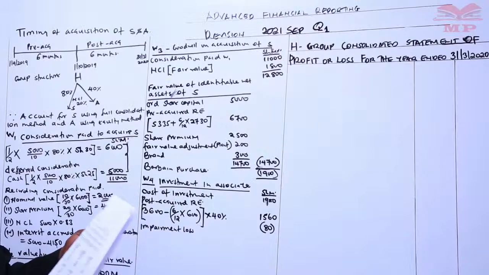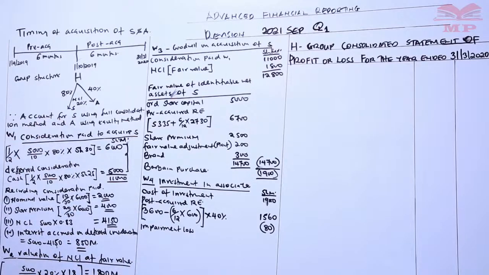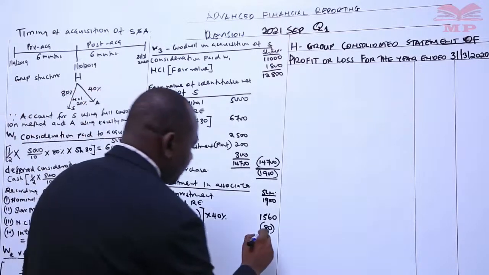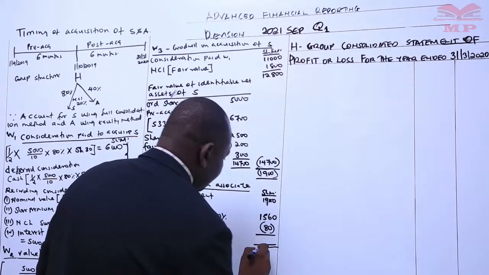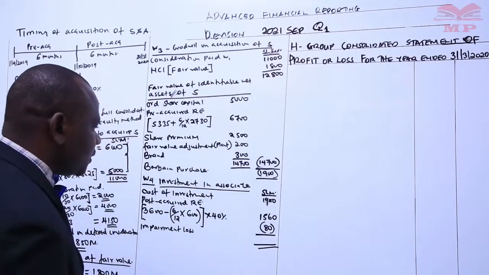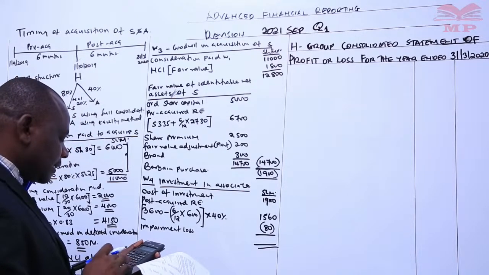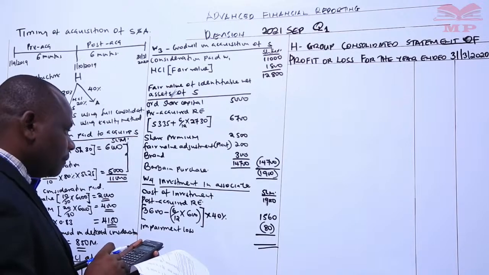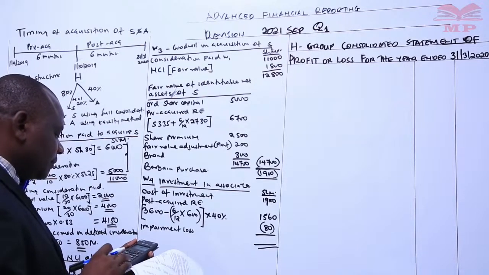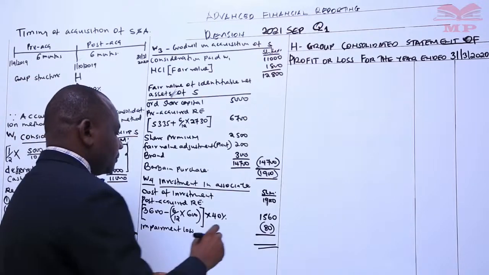And actually it is poor because there was a loss in that financial year. So we get our investment in associate, which is 1920 plus 1560 minus 80, 3400.